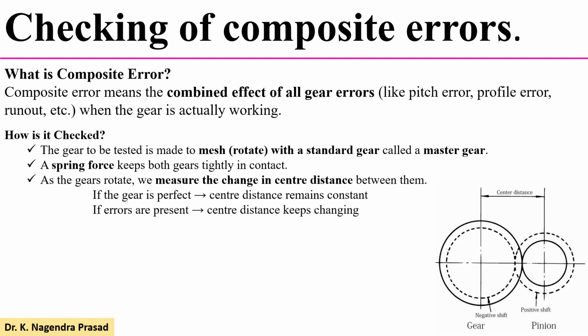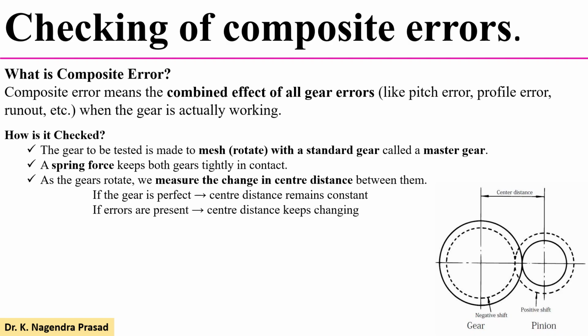Let's see how it is checked. The gear to be tested is made to mesh with a standard gear called a master gear. So the gear which we have to measure is measured with the standard gear. Then a spring force keeps both gears tightly in contact. Then as the gears rotate, we measure the change in center distance between them.